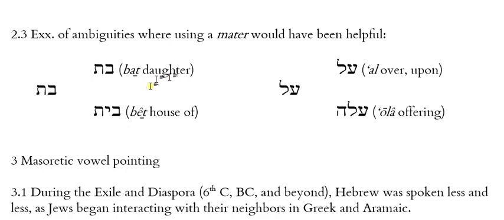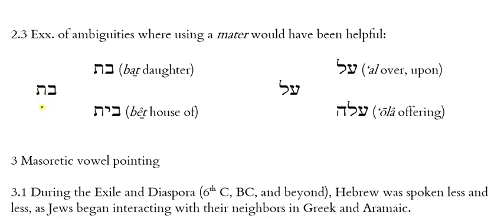Let's take this first example. This is the sequence of consonants Beit Tav, right here. And somebody coming across this sequence of consonants that constitutes a word in the Hebrew Bible would know that this could represent the word bat, and it could represent the word bait. Now, bat and bait, both being possible pronunciations of that word, mean different things.